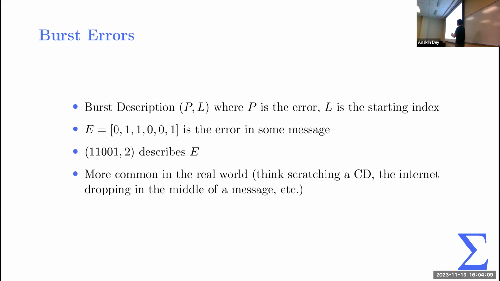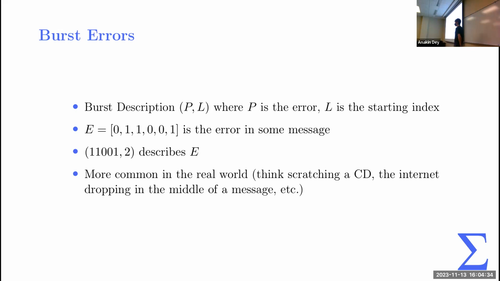So we have a burst error description that says we have a burst error that has 5 bits, and it starts at the second index. We describe it using the error pattern itself, then L as the starting index. So 11001 describes this error right here.